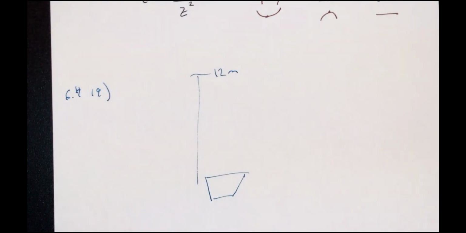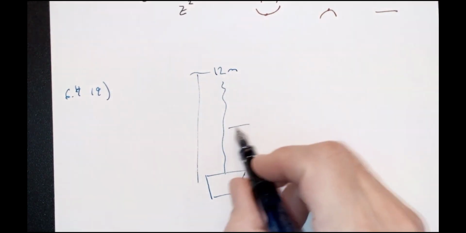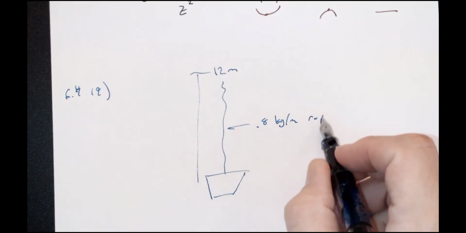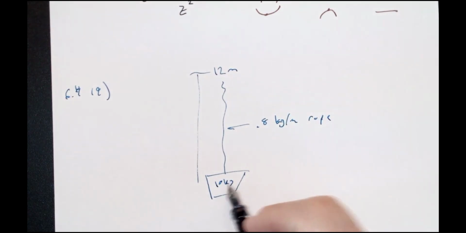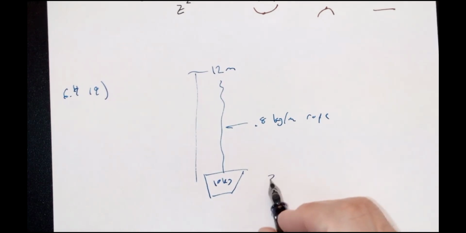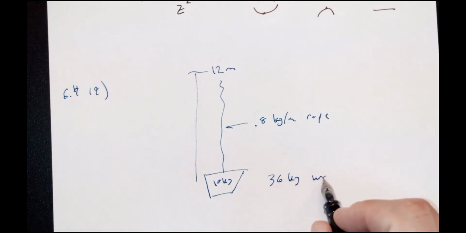At a constant speed with a rope that weighs 0.8 kilograms per meter. Initially, the bucket contains 36 kilograms of water. A heavy bucket.